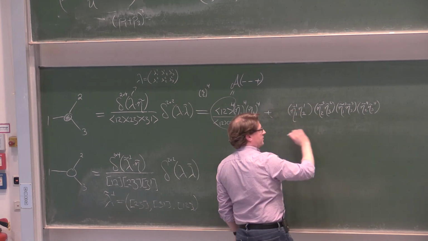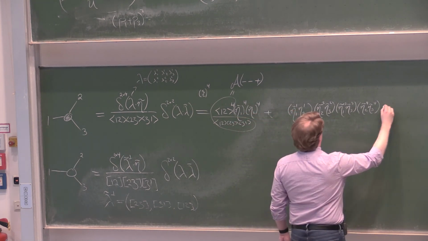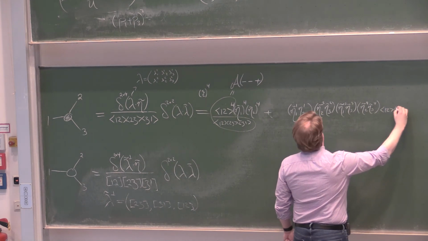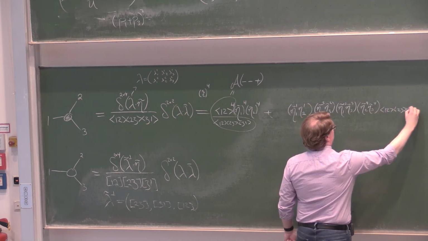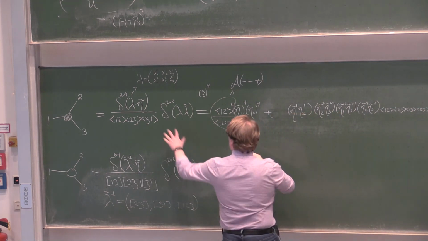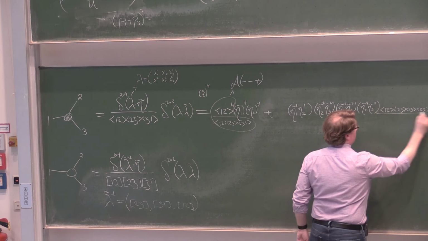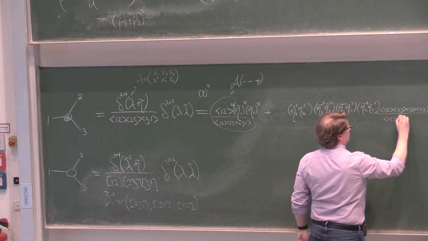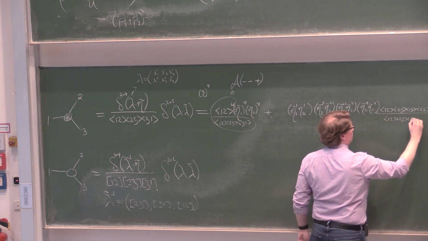So the coefficient of this particular term in that is angle bracket 1, 2, angle bracket 2, 3, angle bracket 1, 3, angle bracket 2, 3, right? And we're going to divide by this denominator because it's there everywhere. So 1, 2, 2, 3, 3, 1.